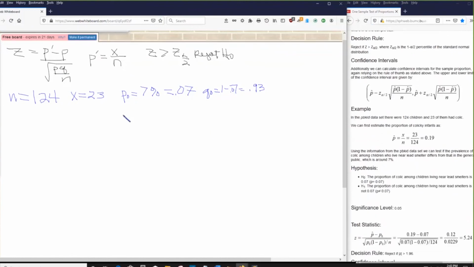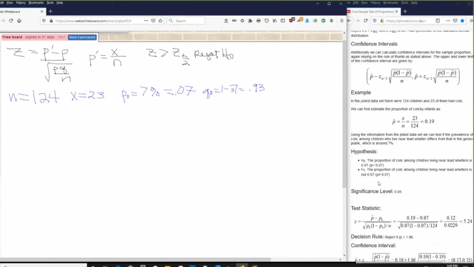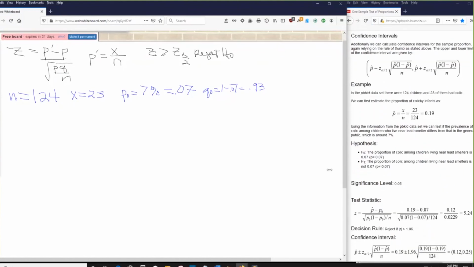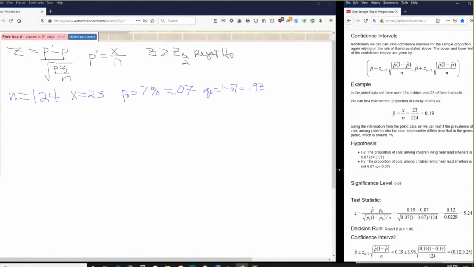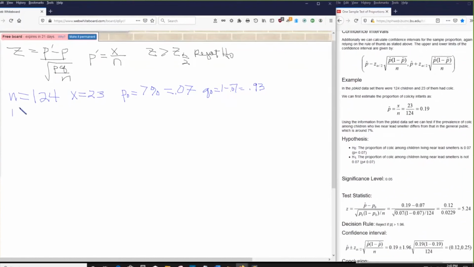Okay, so here's our hypothesis. We can see it's written out here in this text. We're going to make our null hypothesis the proportion of colic among children living near lead smelters, so P for our null hypothesis is going to be 0.07.